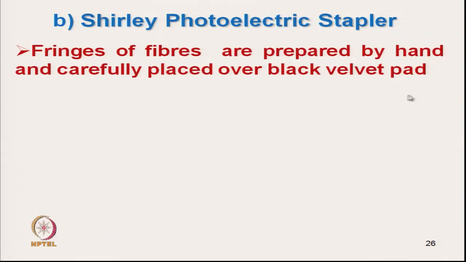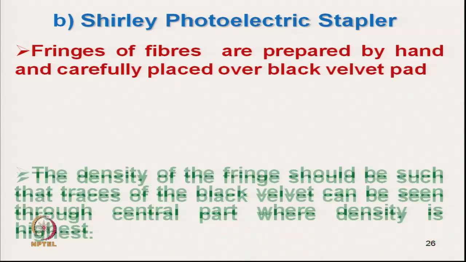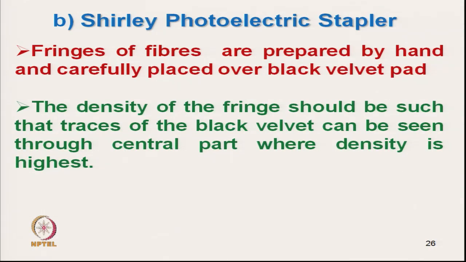The fringe of fibers is placed over the black velvet after preparation. Why black velvet? Because it will give a clear idea about the reflection. The density of the fringe of fibers should be such that the black velvet can be seen through the central part, where density is highest.